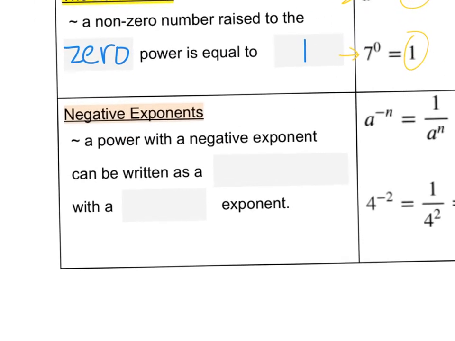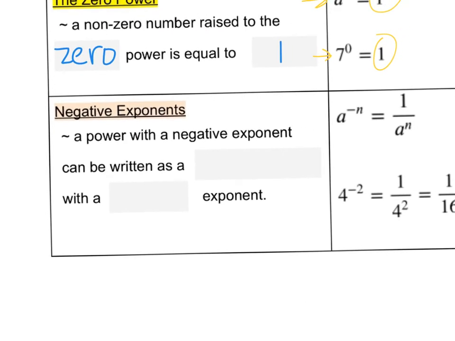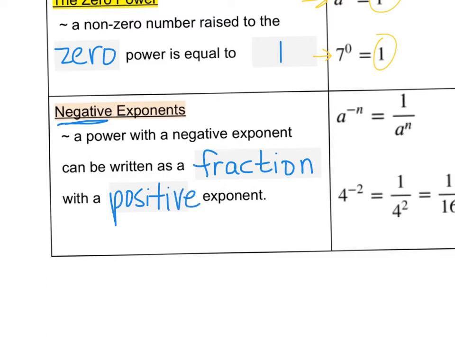And then let's take a minute and look at negative exponents. So far we've been talking about all these positive exponents, but it is possible to have a negative exponent. So negative exponents: a power with a negative exponent can be written as a fraction with a positive exponent. So to make a negative exponent become a positive exponent, we rewrite it as a fraction.